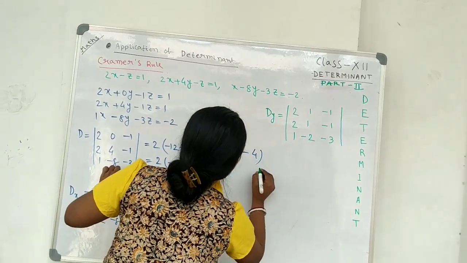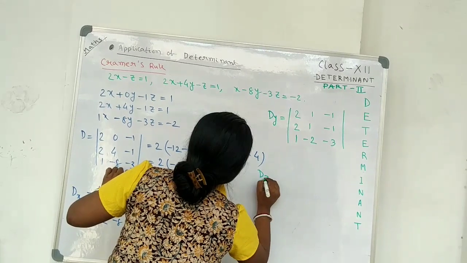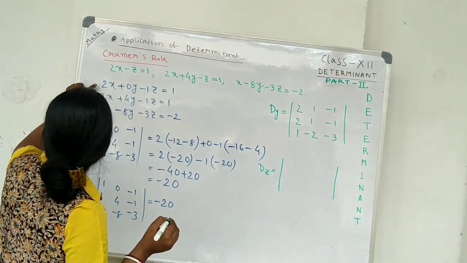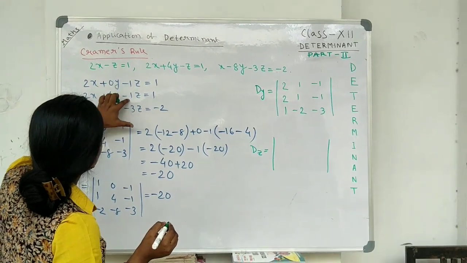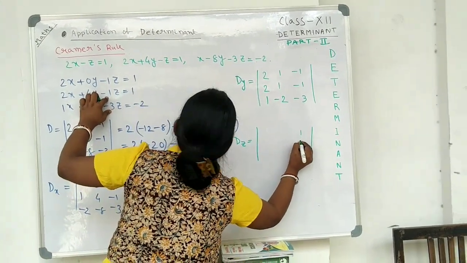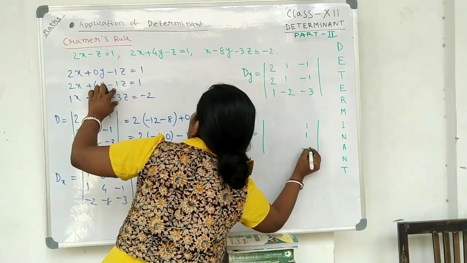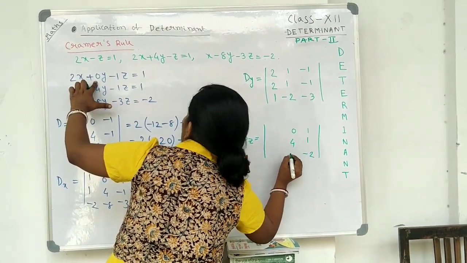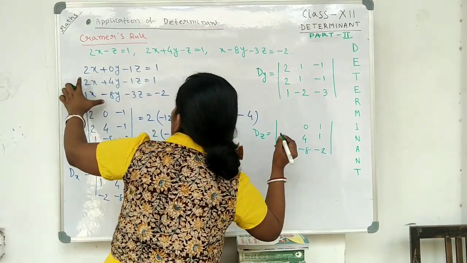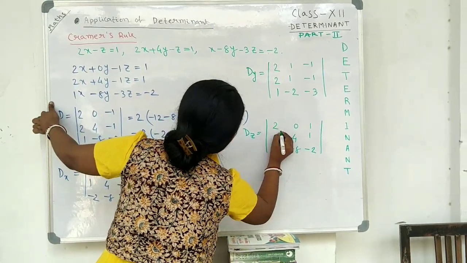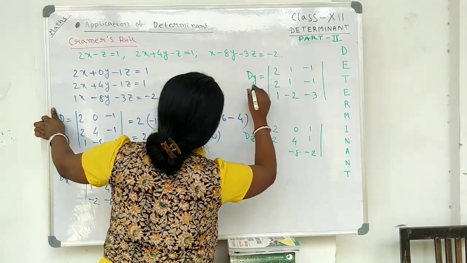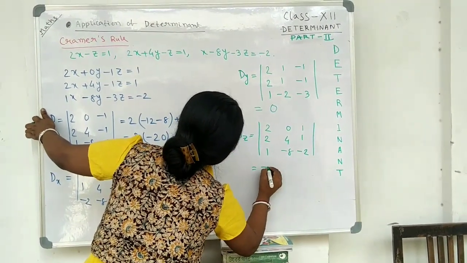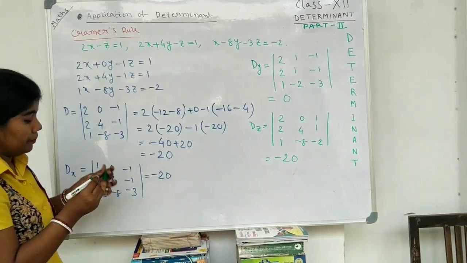We have to simplify this value, and dz equal to, you have to replace this column, so 1, 1, minus 2 in the last column, with 2, 0, 1 and 2, 4, minus 8 and 2, 2, 1. Simplifying, here you will get the value as 0 and here you will get minus 20.